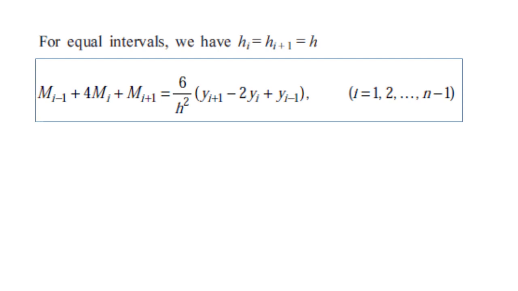So this recurrence relation can be used in the case of equally spaced x values. But in the case of unevenly spaced x values, we have to use the previous equation.